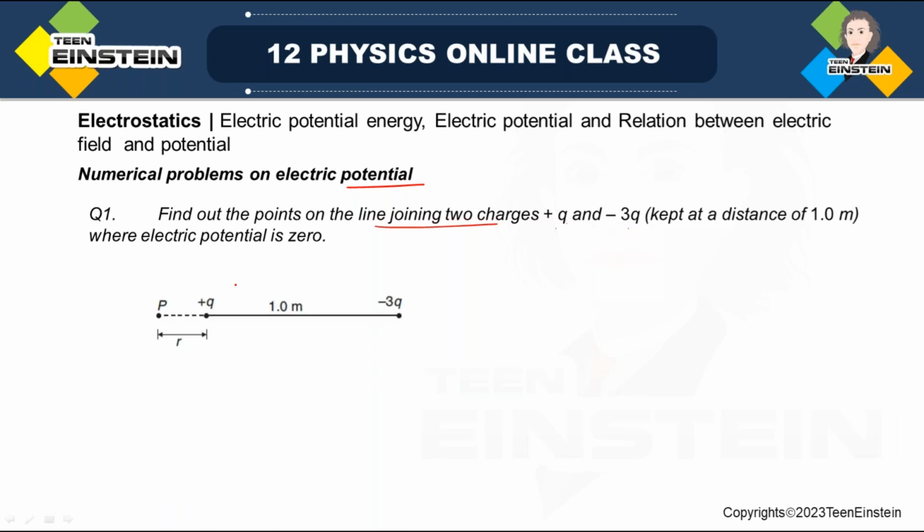Look, I can show you here. This is the plus charge, this is the minus charge, and we'll just take the magnitude of the charges. Magnitude wise, this charge is more than this one.